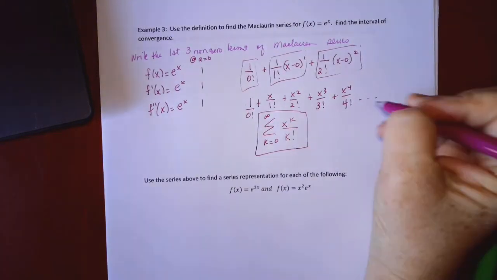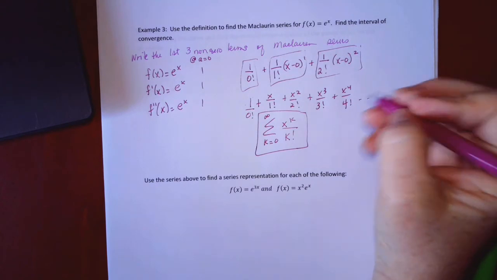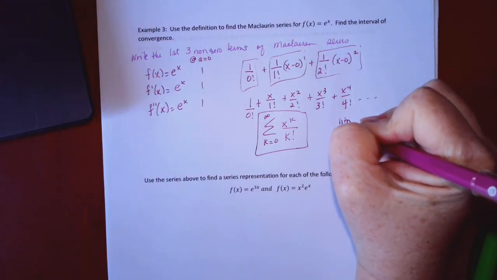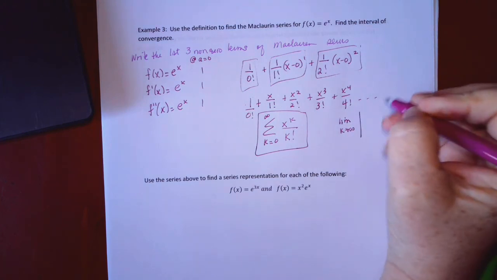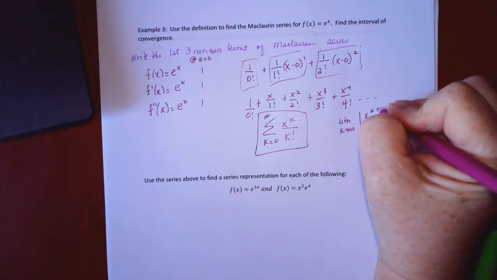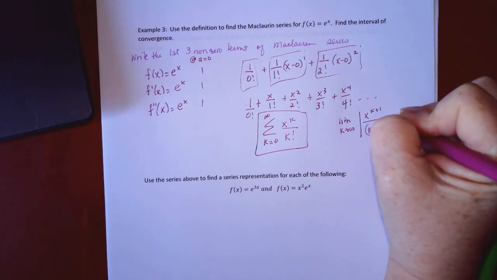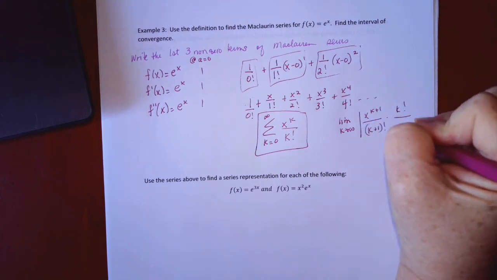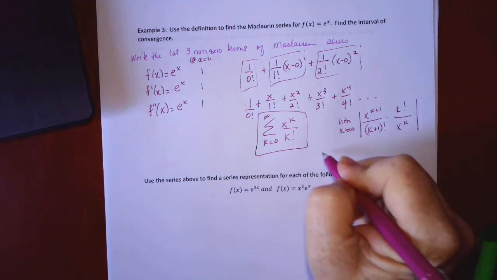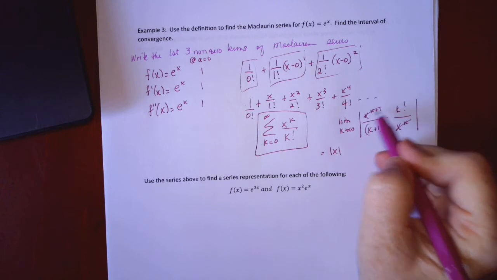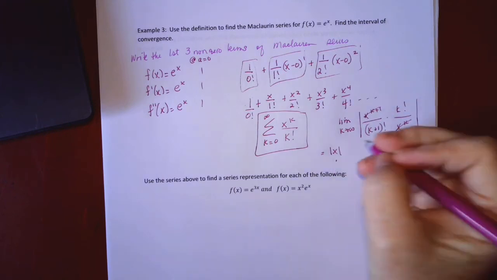And if we did the ratio test to find the interval of convergence, we'd be looking at the limit as k approaches infinity of the absolute value of x to the k plus 1 over k plus 1 factorial times k factorial over x to the k. That cancels with that and leaves an x, which I'm going to bring out front.